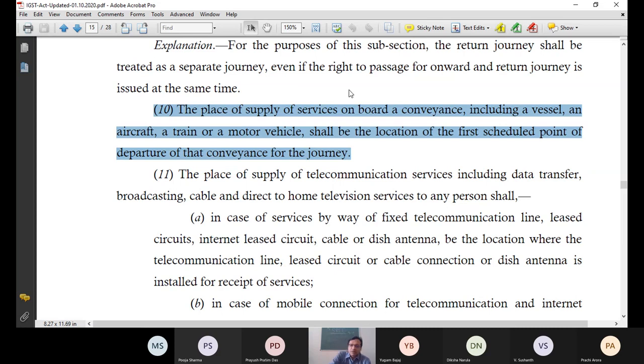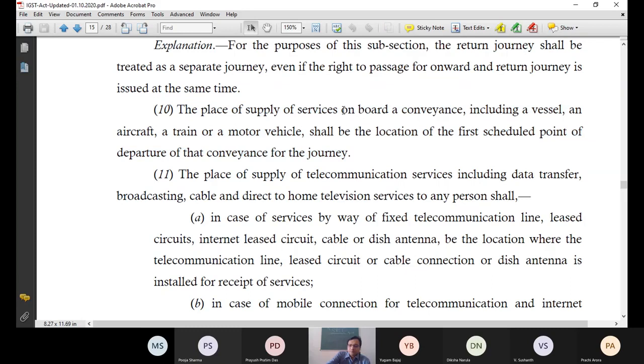Now, do you remember that we have already covered one concept related to on-board a conveyance, but that was goods. If you remember section 10, subsection 1, clause E, where I have given you the examples when you consume chips on a train. The train is coming from Delhi and going to Kolkata, and there will be different stoppages in different states.